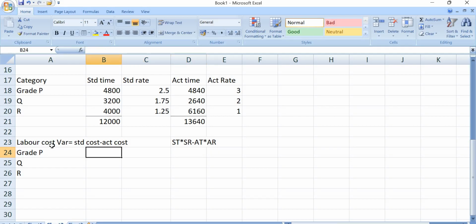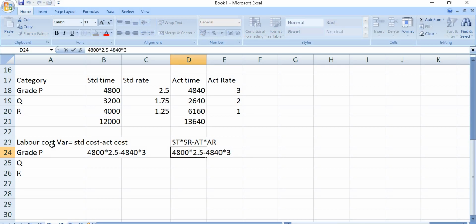So for P I am calculating 4,800 into 2.5 minus 4,840 into 3. If I calculate this, I will get 2,520 adverse, that is negative, which means adverse variance.